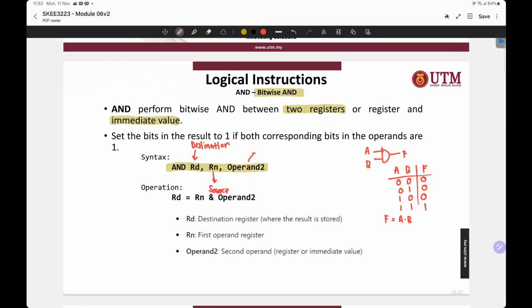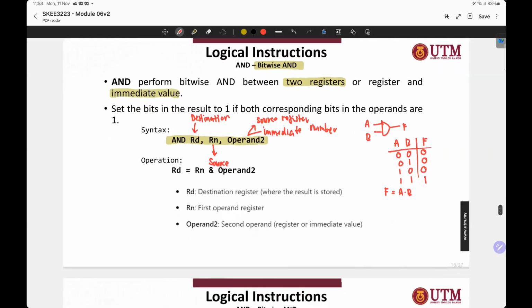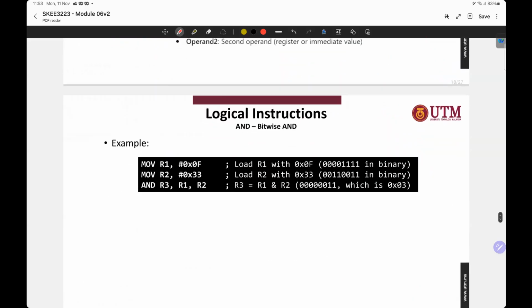And operand 2 is your second register, or sometimes it can be an immediate number. Okay, so this is the bitwise AND. Now we're going to look at the examples here.